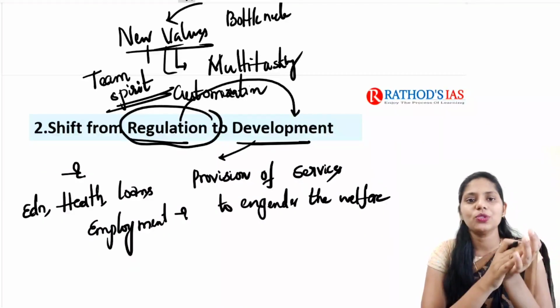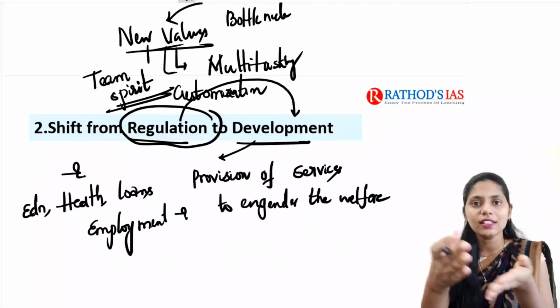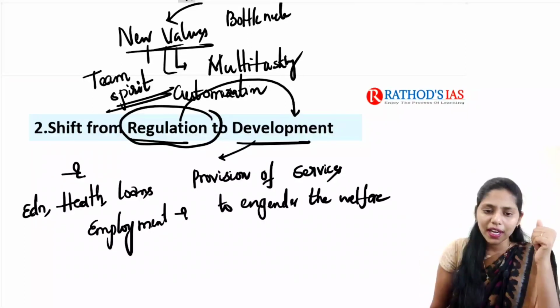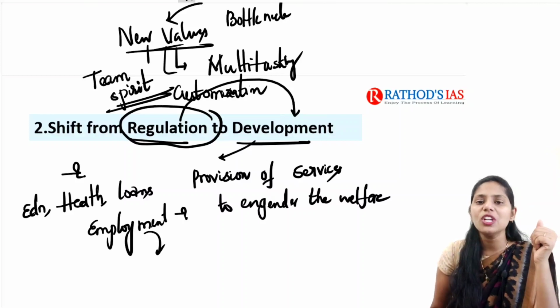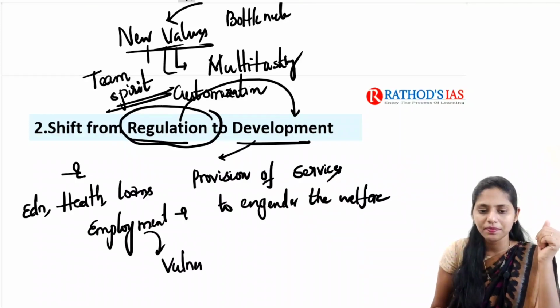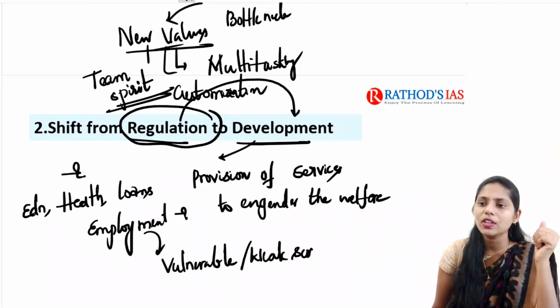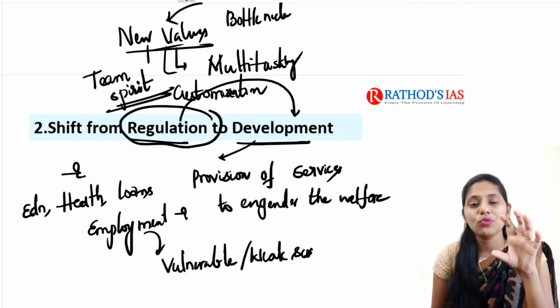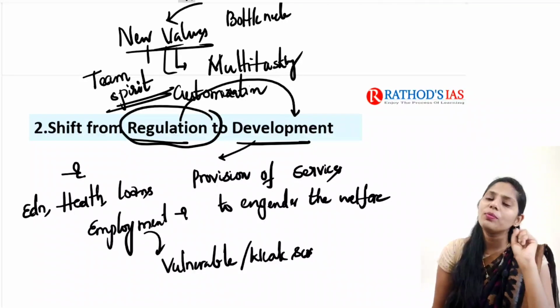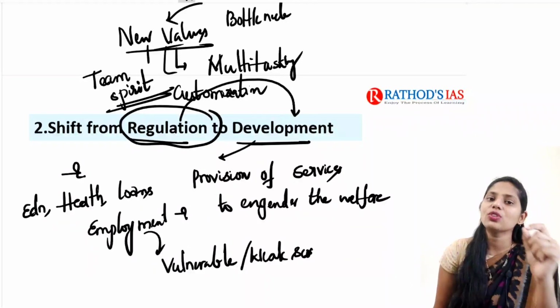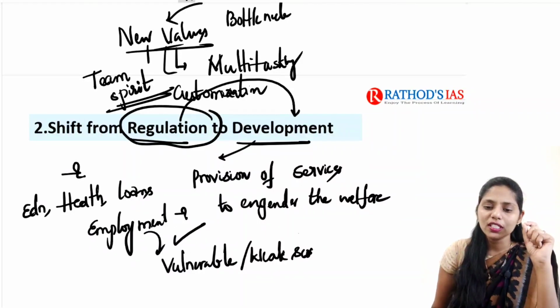Especially when talking about education, malnutrition, health, loans, employment, we are going to deal with vulnerable sections of people, or we can say weaker sections of society. We are targeting particular sections of society, so vulnerable or weaker sections are the targeted people.